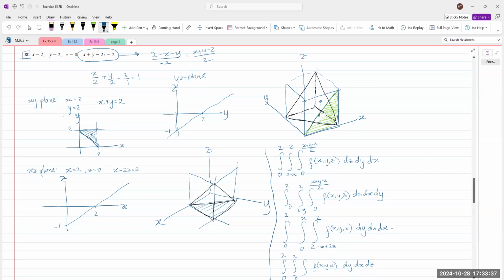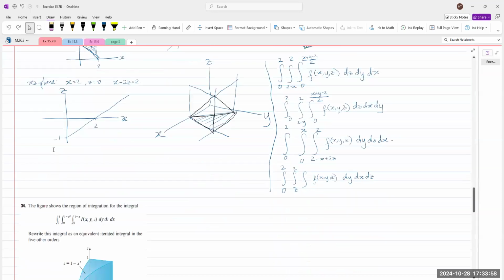For any z I choose, I will get into the solid at x equals z, and then get out at x equals 2. So go in from x equals z and get out at x equals 2. This will be 2 minus x plus 2z up to 2.